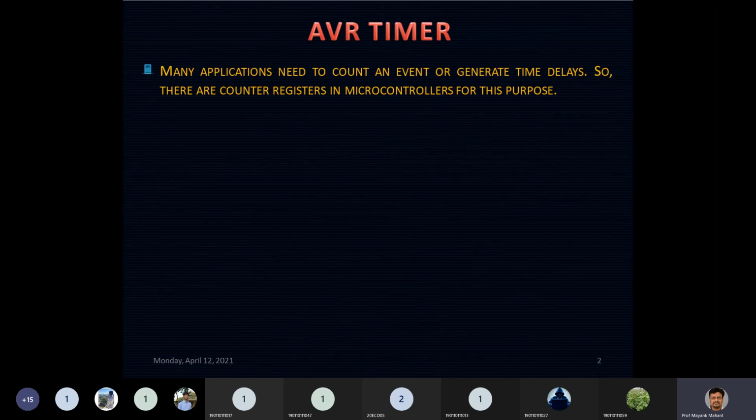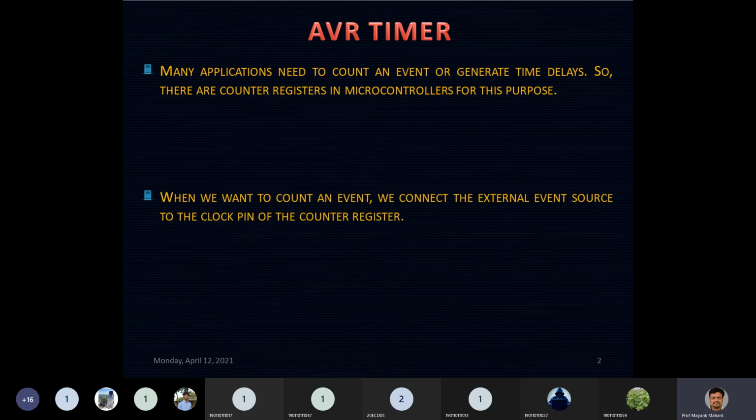The register associated with the timer we can also call a counter register. We would be discussing the registers associated with these timer counters in detail in this lecture, but we can see that there is a register which will count how many events have occurred external to the microcontroller, by connecting that to the external pin of a microcontroller.